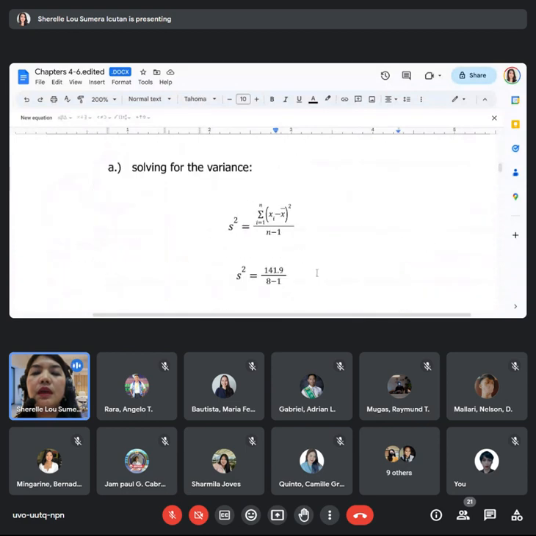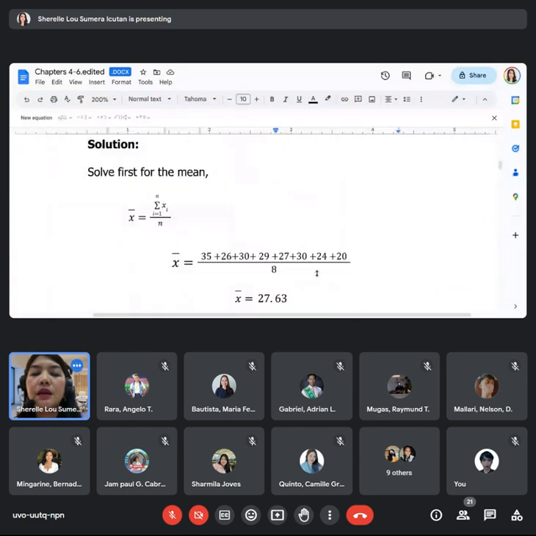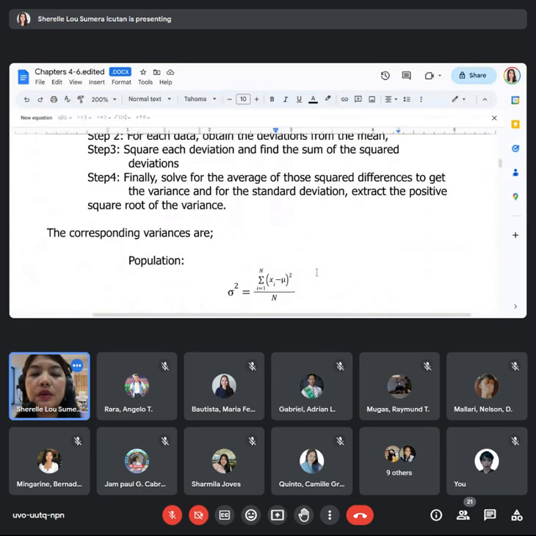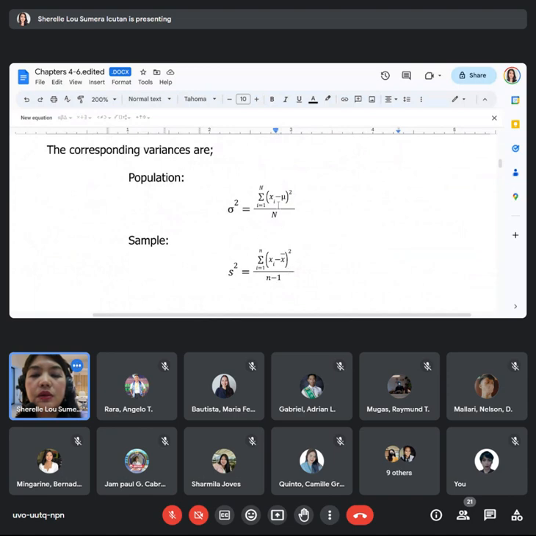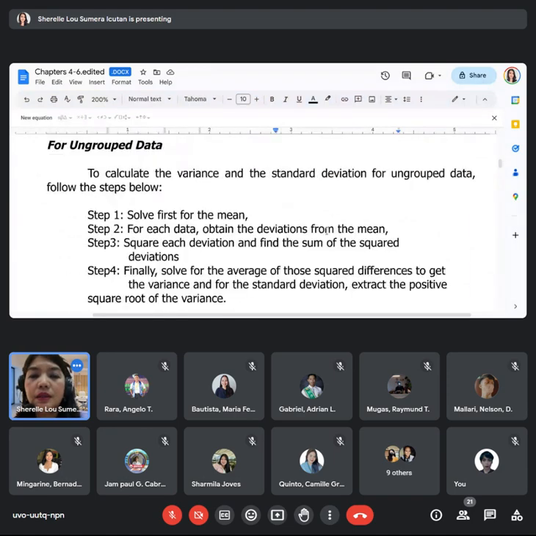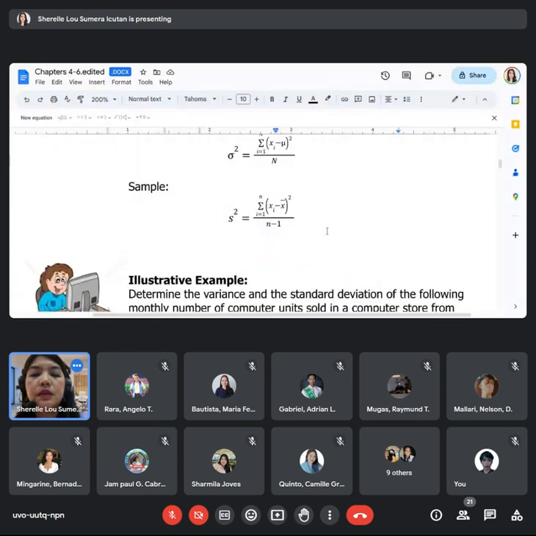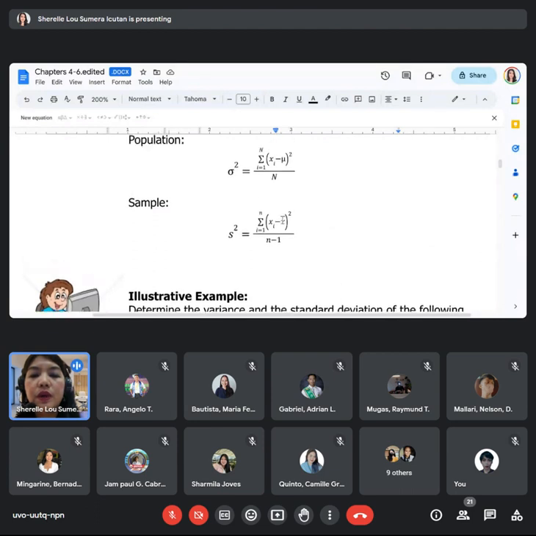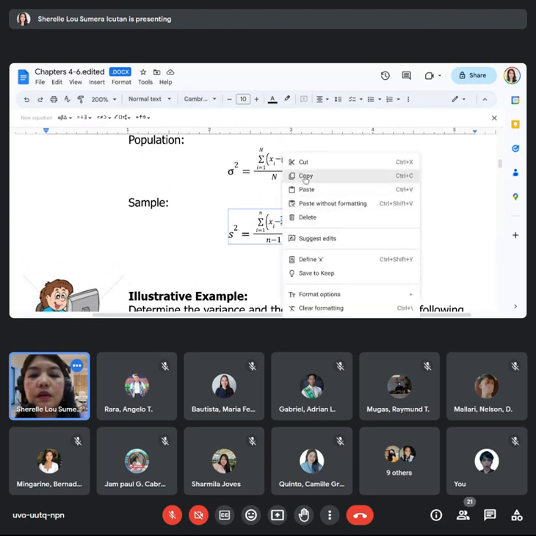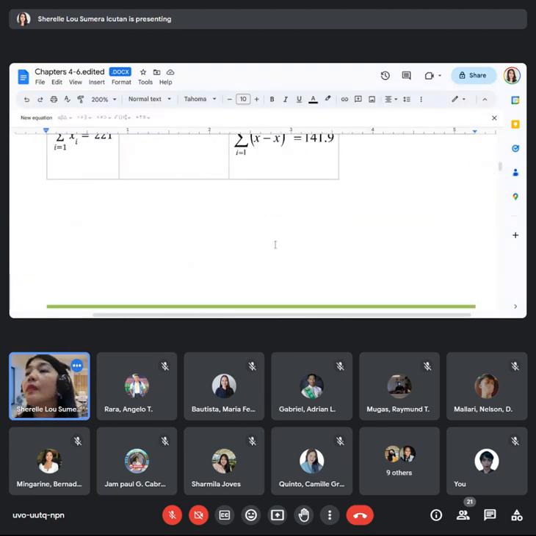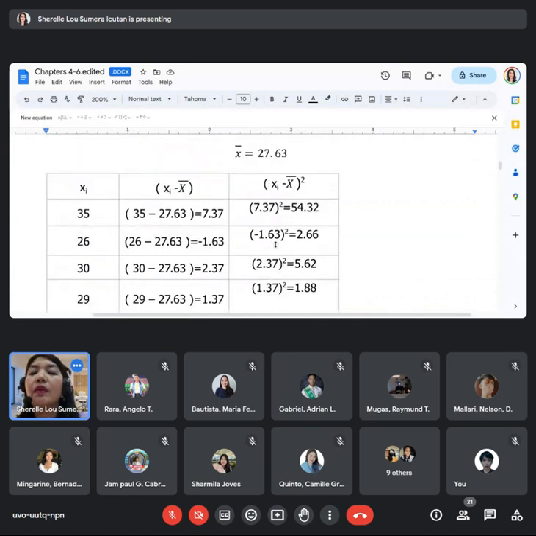Kunin ko nga. Hindi nakokopya lahat kasi iba yung processor nito. Naka Google Chrome yung aking processor. So, hindi niya gusto yung ibang formula. So, anyway. Saan na ba? So, get the X bar. To. Hiramin ko yung formula ng X bar. Wala.